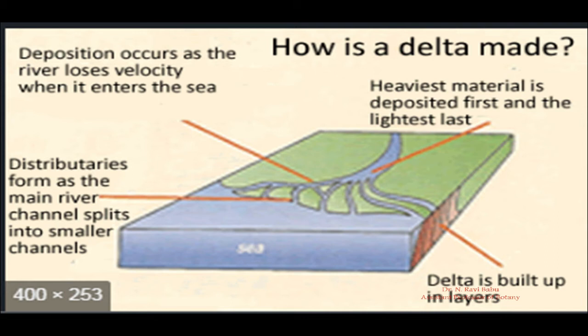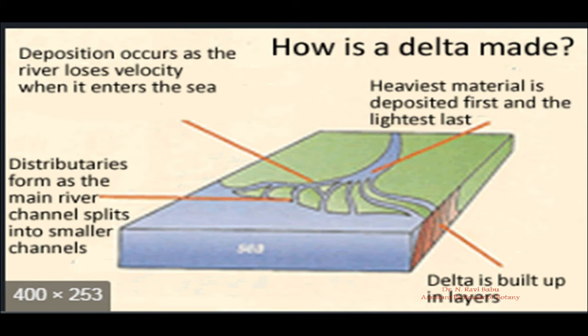Friends, in resemblance also, that delta looks like this symbol delta only, right? This alluvial tract is in fact a seaward extension of the flood plain, and due to the obstruction caused by the deposited alluvium, the river may discharge its water through several channels called distributaries.